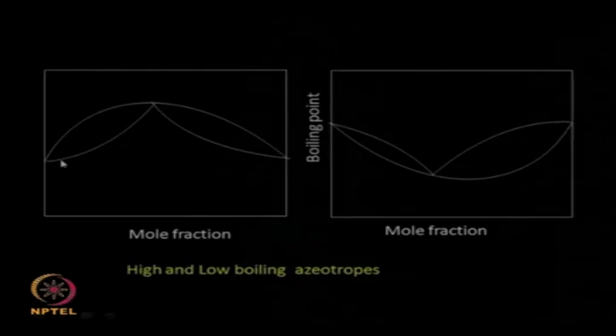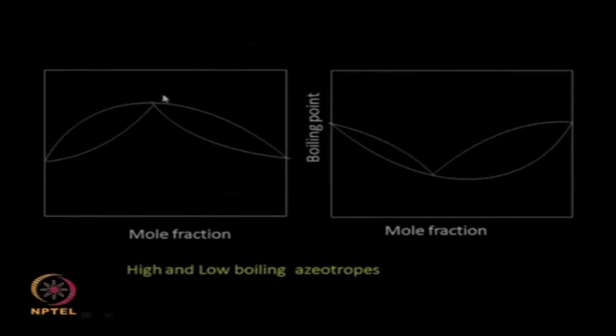If you see the boiling point of the mixture here is higher than the individual boiling points, and the concentration in the vapor phase and the liquid phase will be same, and here the boiling point of the azeotrope is lower than the individual pure component. So that is why it is called a low boiling azeotrope, and again the concentration of this mixture in the vapor and in the liquid phase are the same.